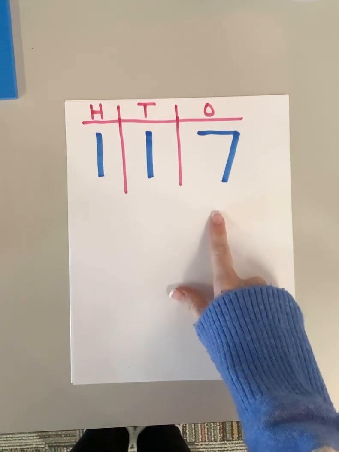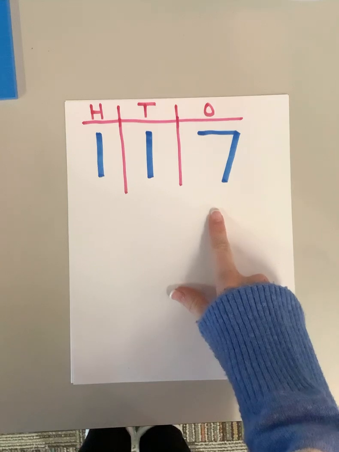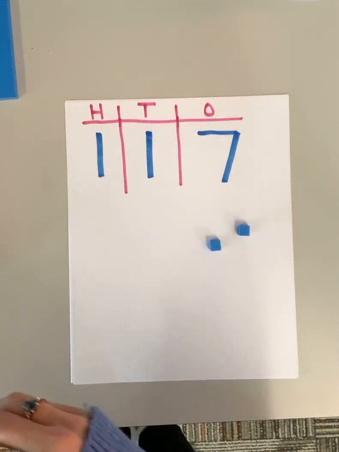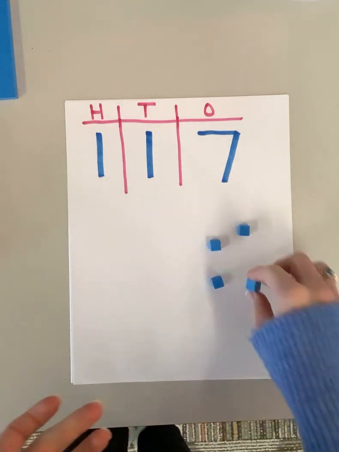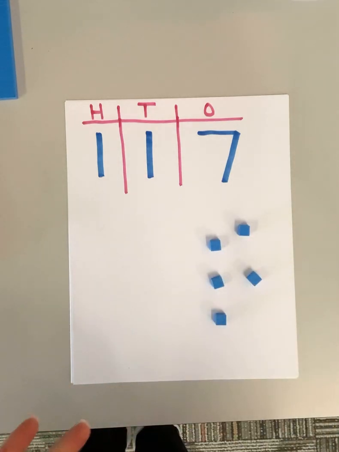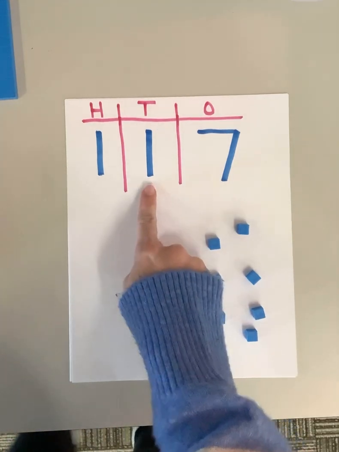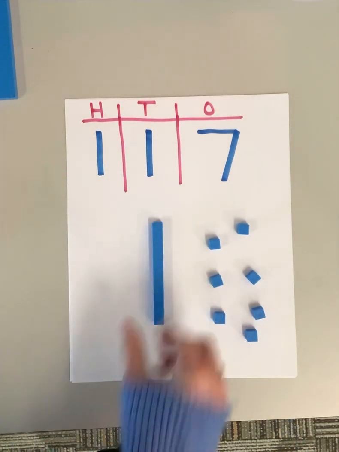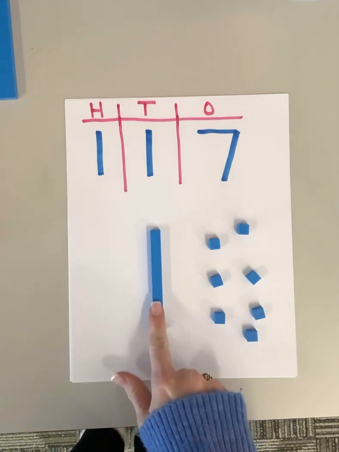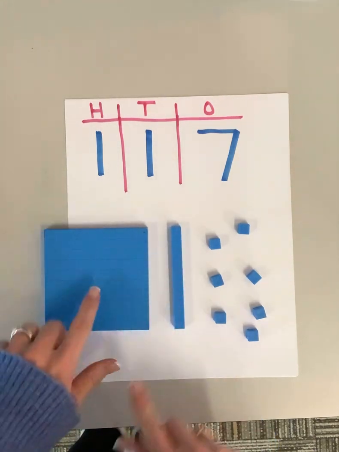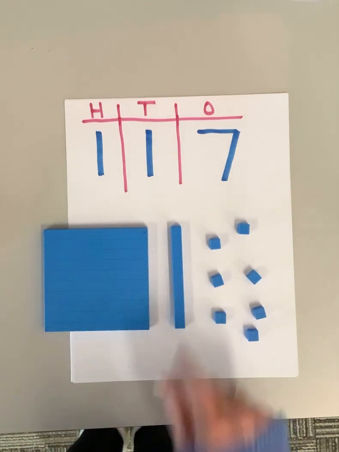I need 7 ones cubes. So I'm going to count 1, 2, 3, 4, 5, 6, 7. When I have 1 tens, I have 1 tens rod or block, and then I need 1 hundreds block. 117.